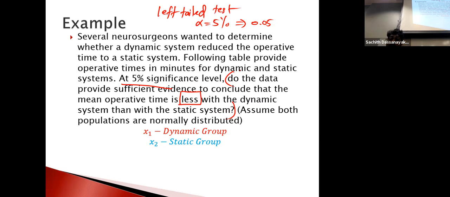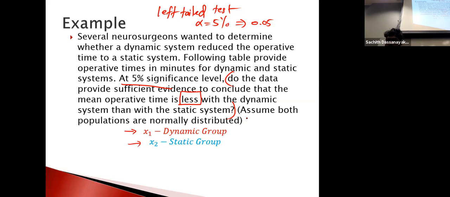They have mentioned to assume both populations are normally distributed. Let's consider x1 the dynamic group and x2 the static group. So the mean operative time is less with the dynamic system than with the static system.